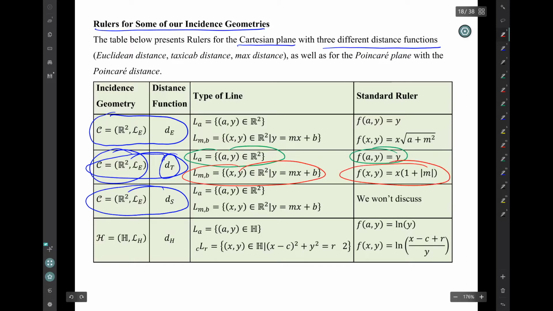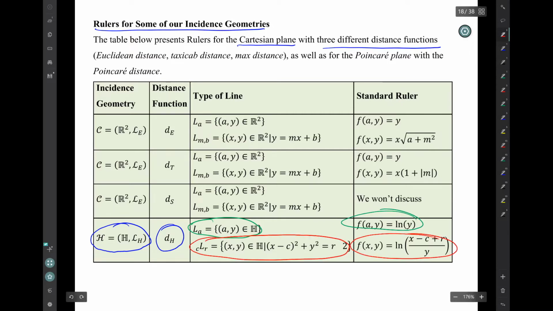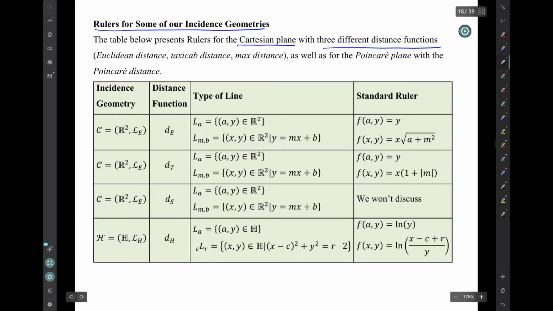That's that function. Let's skip down to talking about the Poincare plane incidence geometry with the Poincare distance formula. I have to show that there is a ruler that works for type 1 lines. Well, there's the formula for the ruler that works for type 1 lines. And I have to show that there's a ruler that works for type 2 lines. There it is. There's a typo here.